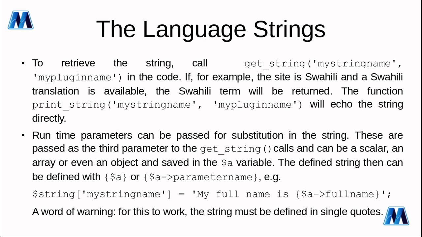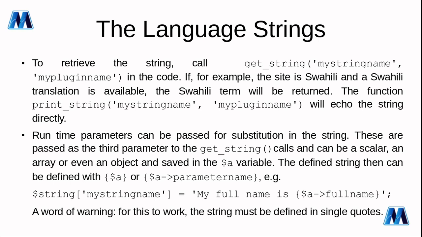The function print_string will just echo the string directly. So get_string puts it into a variable, print_string echoes it directly. Runtime parameters can be passed for substitution in the string, and they are passed as a third parameter to the get_string or print_string calls. It can be a scalar, an array, even an object, and it is normally referred to as the $a variable.